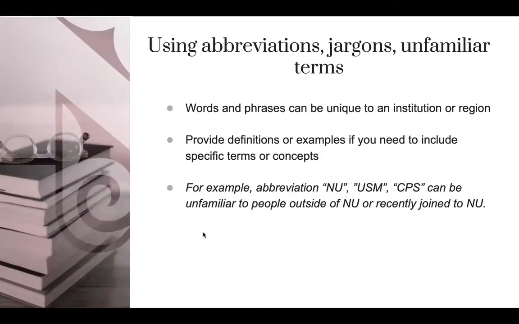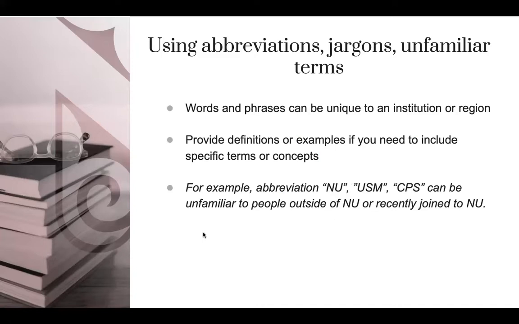Another thing to avoid when writing survey questions is using abbreviations, jargon, and unfamiliar terms. Words and phrases can be unique to some institution or to a region, but if you are surveying a population outside of this area, you need to be considerate about these terms or abbreviations.